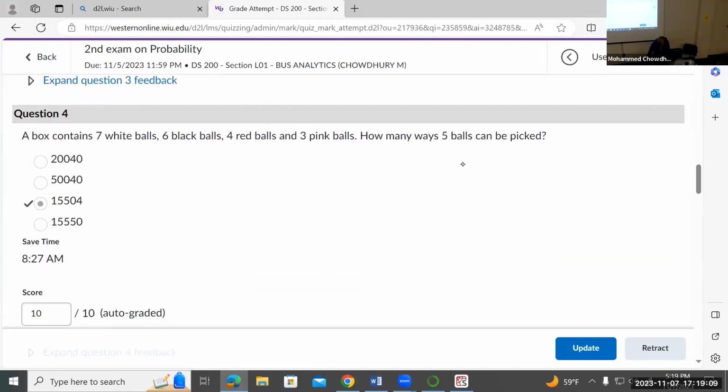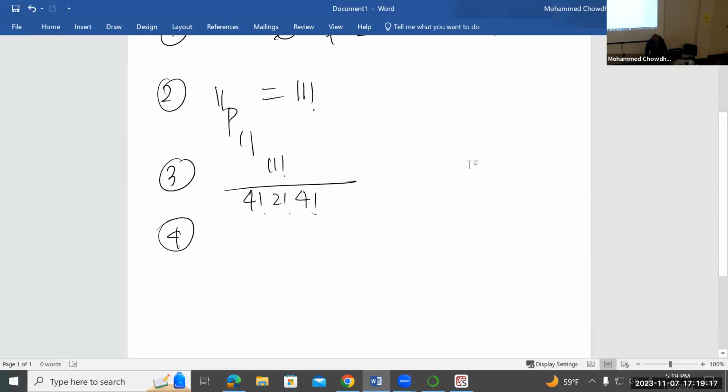Seven white balls, 6 black balls, 4 red balls, and 3 pink balls. So that means 20 balls. How many ways can 5 balls be picked? That is 20 choose 5. Okay. Then number 5.